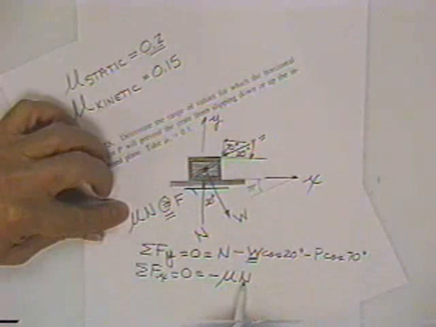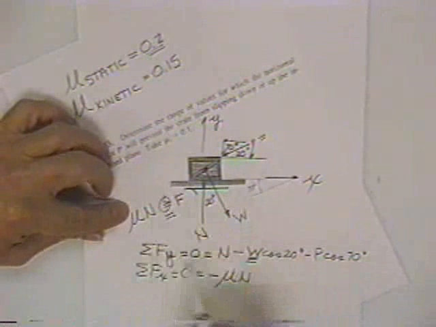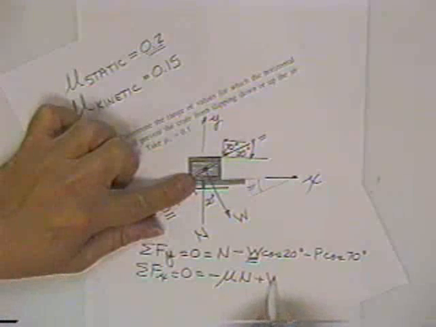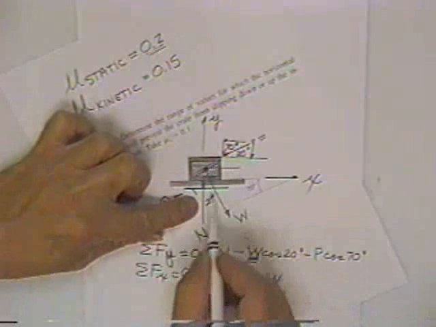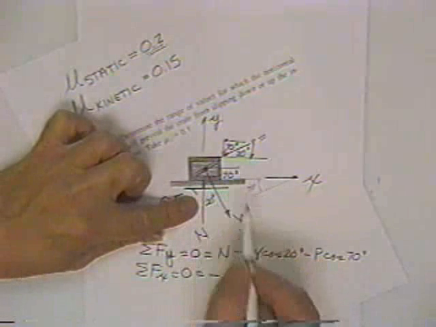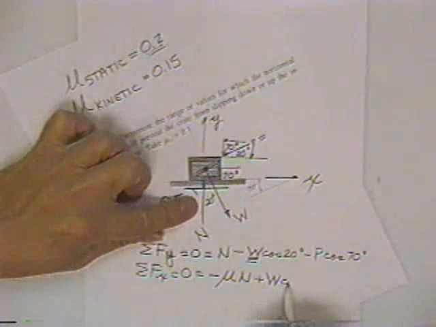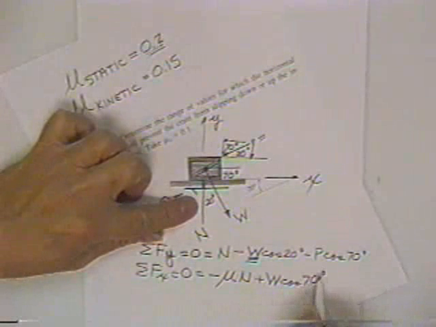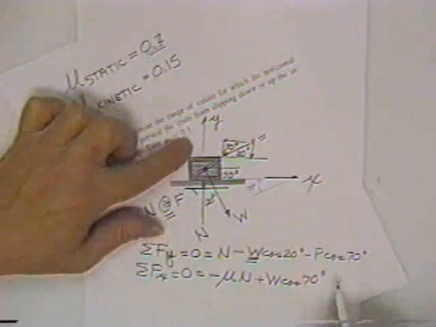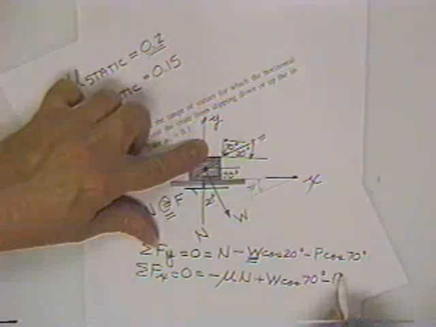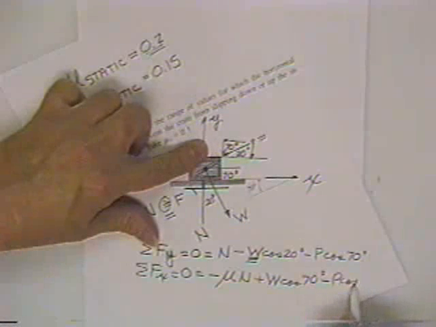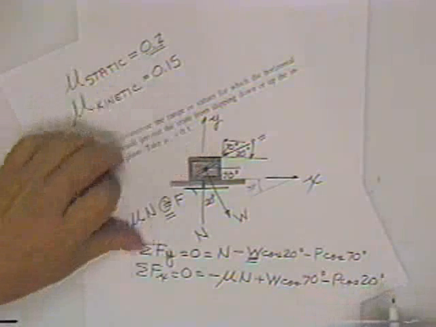So I put the biggest number in here, to the left minus, plus W times, if that's 20, this is 70, so W cosine of 70 degrees. The P force now acts, minus P times the cosine of 20 degrees.